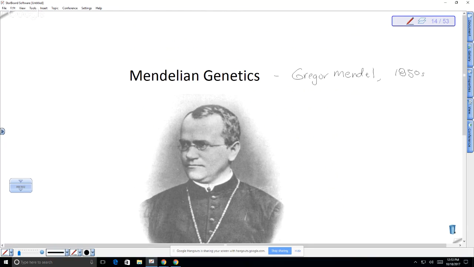So in order to study how parents pass traits down to their offspring, he studied plants that he could collect seeds, peas, and then replant them over many, many generations. So he's rather meticulous with this. It's important to note that in the 1850s, they did not know what the genetic material was. They did not know about chromosomes.